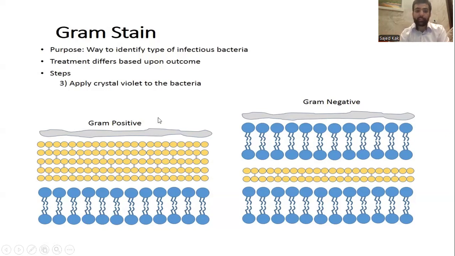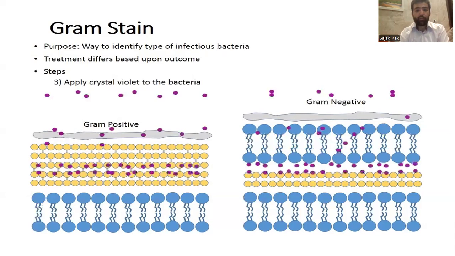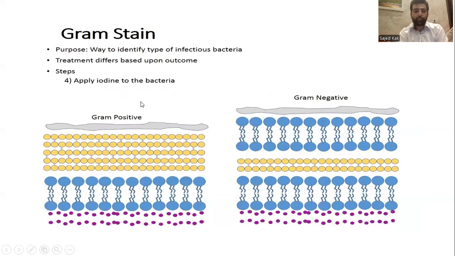We will understand why gram-positive has a crystal violet staining and why gram-negative has a pink staining. You can see that both gram-positive and gram-negative contain crystal violet. The crystal violet is in the inner membrane in both bacteria.